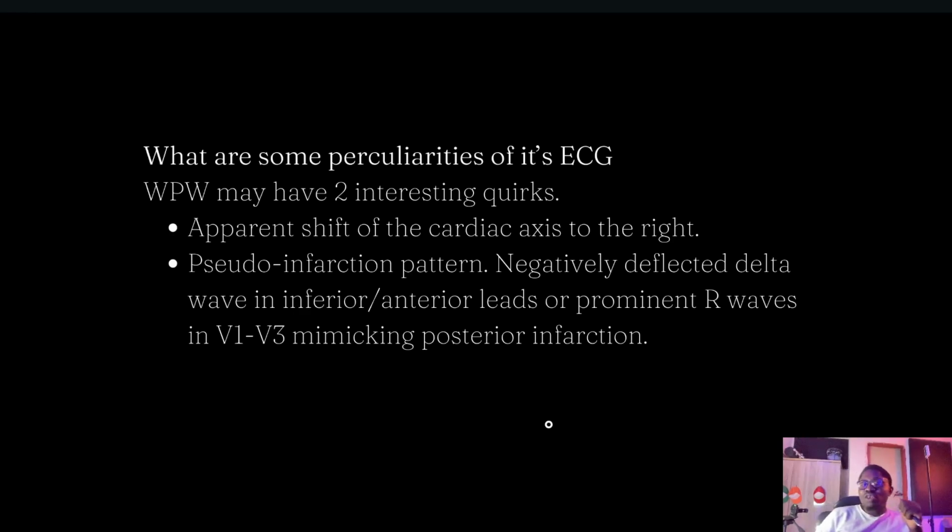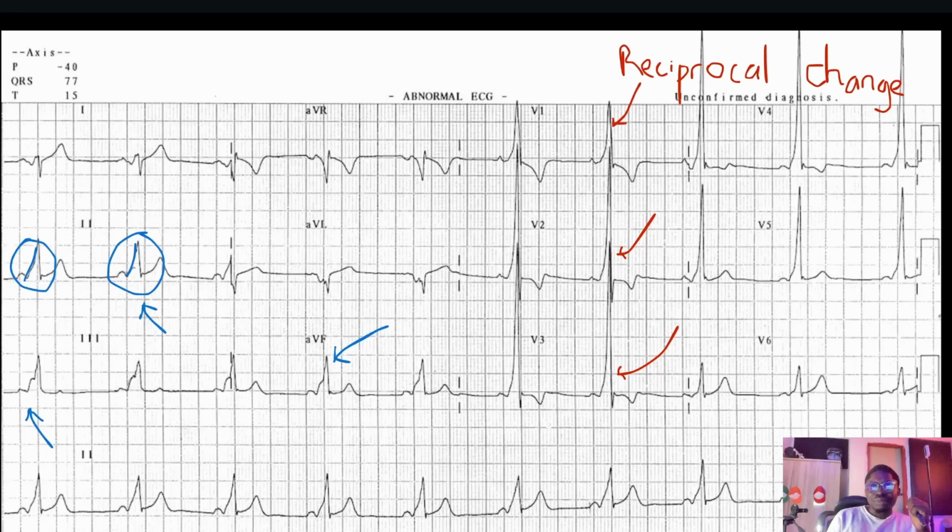And then there'll be a pseudo-infarction pattern, negative deflected delta wave in inferior anterior leads or prominent R waves in V1, V2, V3, making a posterior infarction, right? So we can see I've highlighted some of the changes, the delta waves, right? The delta waves, reciprocal changes, right?